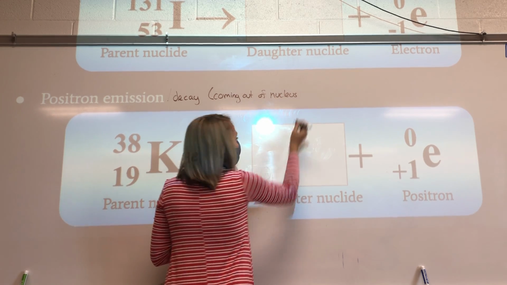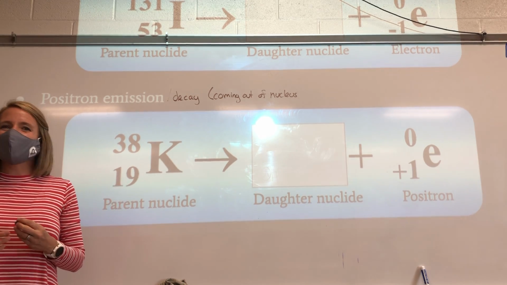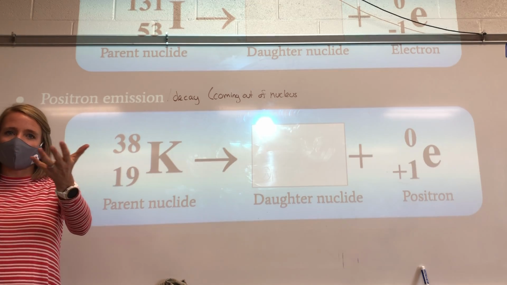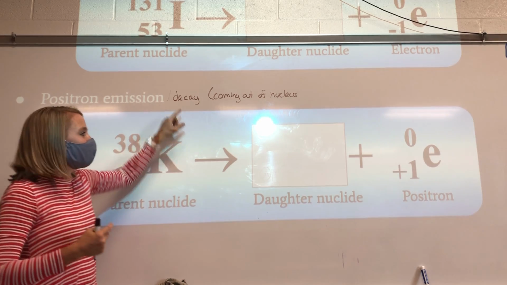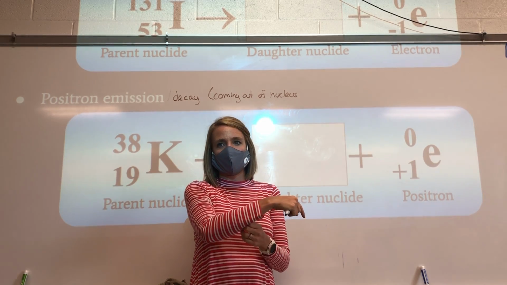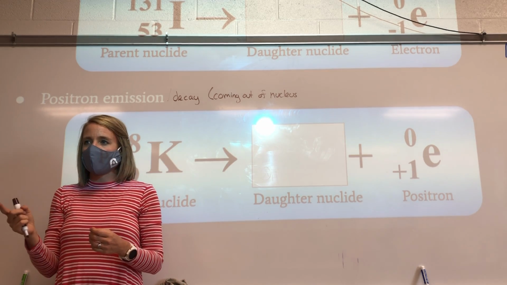It's just a word thing to be aware of. So if you read decay or emission, notice that that means it's coming out, which means it's after the arrow. There are going to be other ones where it comes before the arrow.